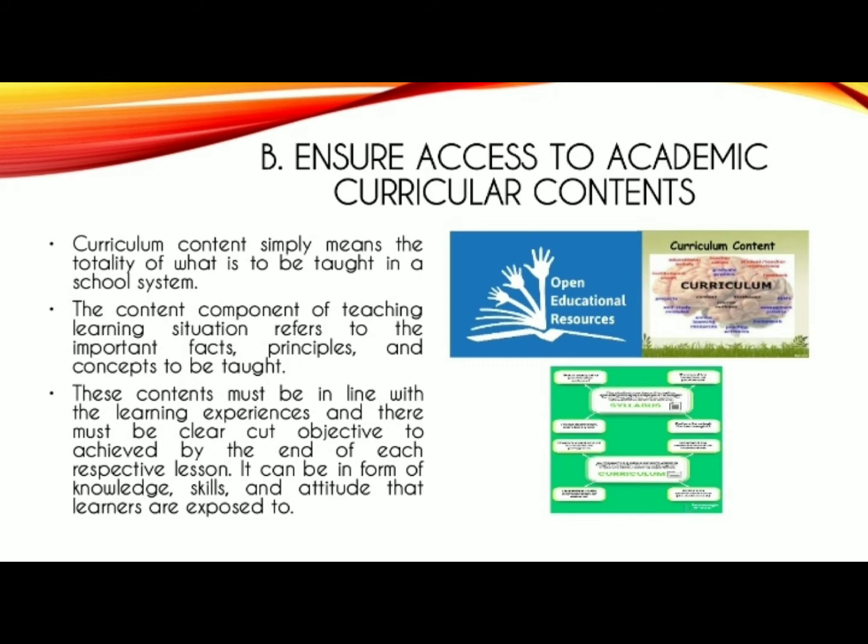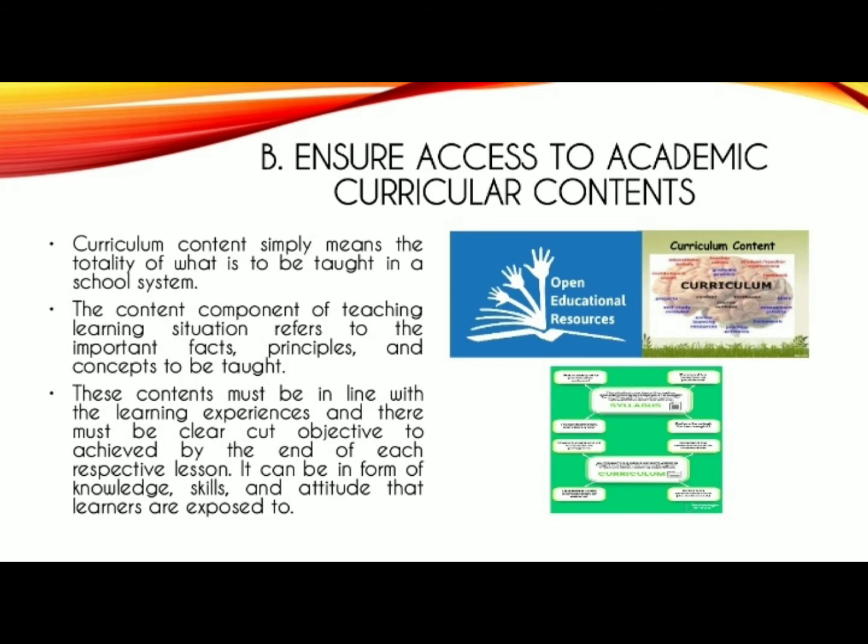These contents must be in line with the learning experiences, and there must be a clear-cut objective to achieve by the end of each respective lesson. It can be in the form of knowledge, skills, and attitude that learners are exposed to.